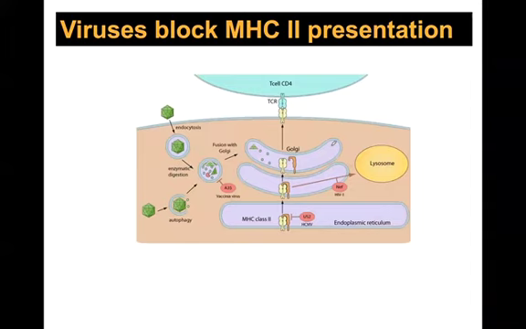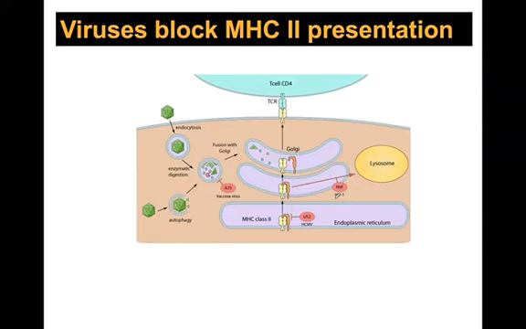Okay, so you can imagine, just like for MHC1, where viruses have figured out, well, if I just block MHC1, I can hide out from the T cell response, it should be no surprise that viruses have figured this out for MHC class 2.